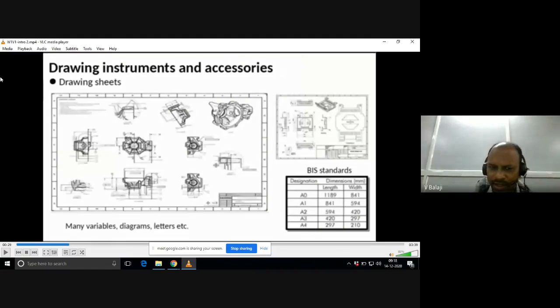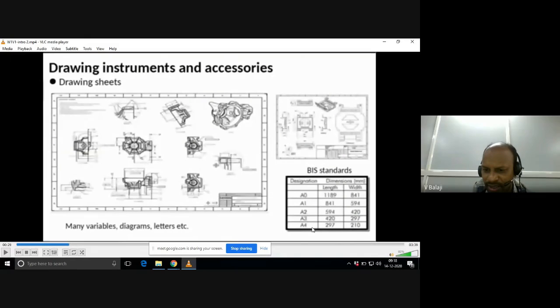Okay. Now this is the sheet layout, drawing sheet. It's a paper only, but having some thickness compared to the ordinary paper. Okay, and the standards are like this: A4 is 297 by 210, and A3 has 297 as the width, but double the 210 as the length.